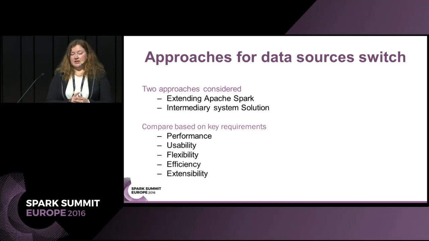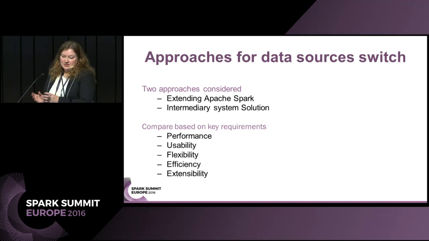First, make an extension of Spark itself, to check how it's possible with the Spark Data API. And second, make an intermediary system, a specific data access system, which would check all the data sources, change the data sources, and then the changed data comes to Spark.